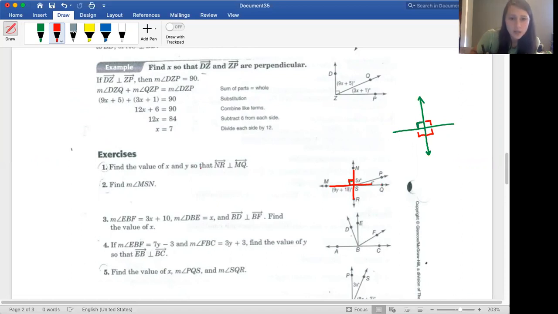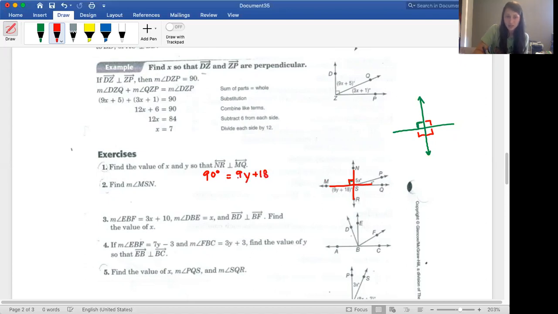Find the value of X and Y so that NR and MQ are perpendicular. So basically, we just have to find X and Y here. I know that MSN are perpendicular, which means it's 90 degrees. And then this angle here is adjacent to it, and it creates a straight line. So I know they're supplementary, or they're a linear pair. And I know that it also has to be 90 degrees.